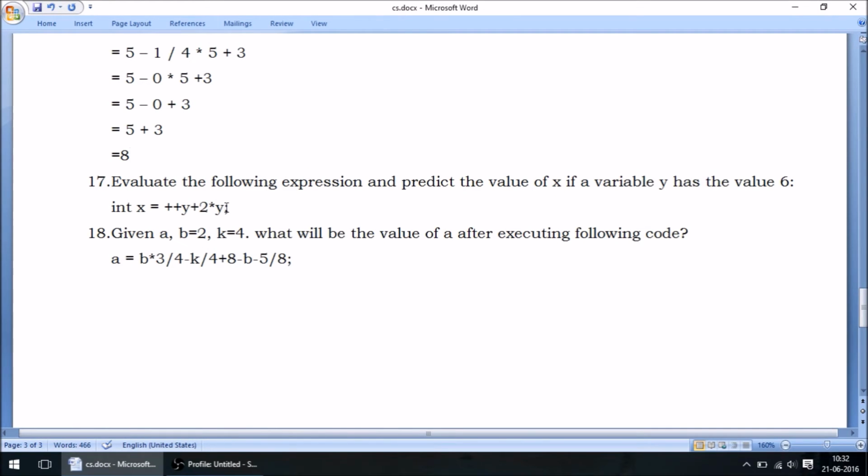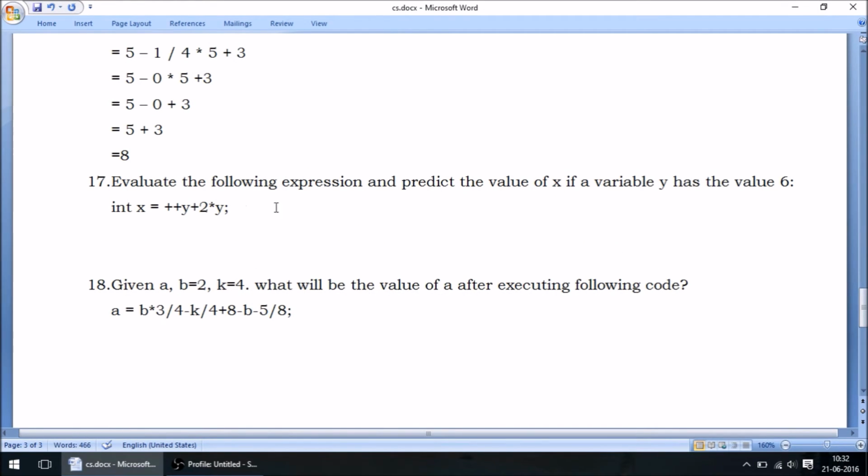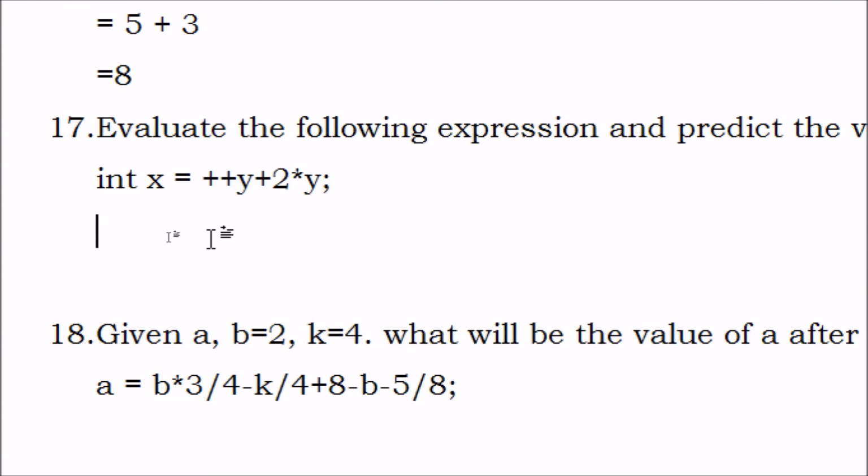The 17th question is again of operator evaluation. The given value of y is 6, okay? So let us place it here. I take the incremented value of y, so it will be 7, okay, and the value of y has become 7 now, plus 2 multiplied by, what do I put here? 7, okay?